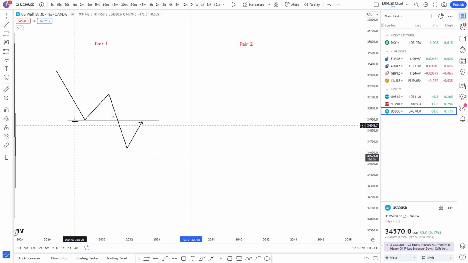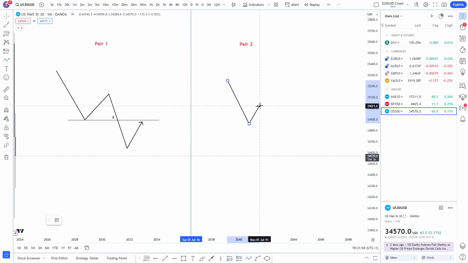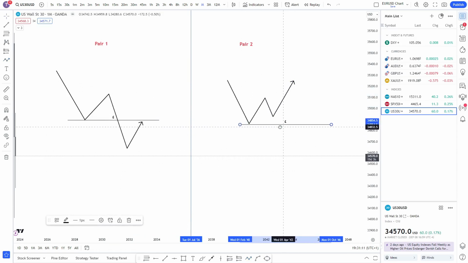Now let's say we've got the same pair here, pair 1, which is moving lower. It's taken out that sell side liquidity right there, and I'm going to draw another situation right here. Let's say something like this has happened. What you'll notice is that liquidity was not taken.